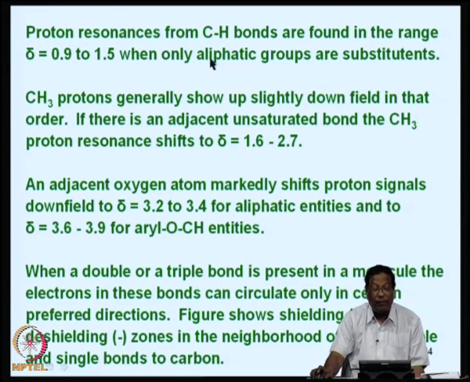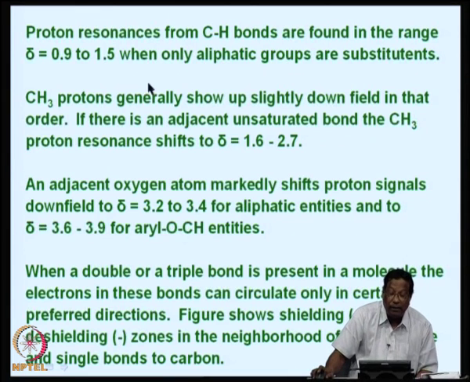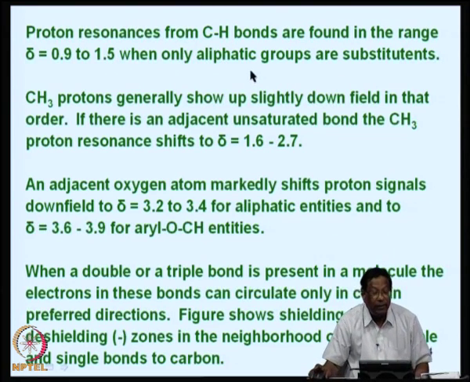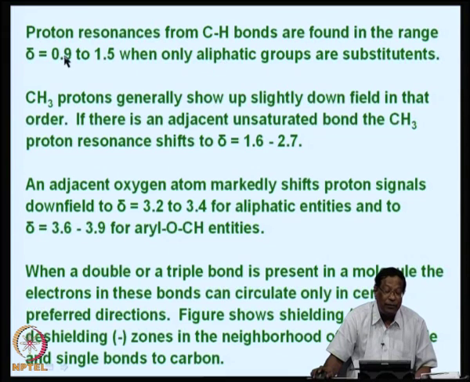So, proton shifts from CH bonds are found in the range delta equal to 0.9 to 1.5 when aliphatic groups are the substituents. Now we are talking about the chemical shifts where the peaks may appear. From tetramethylsilane the shift should be 0.9 to 1.5.